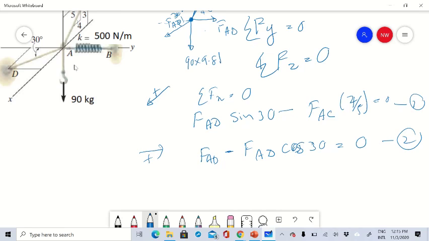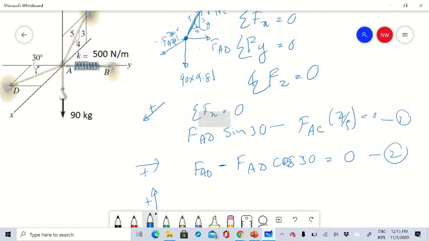So if I take this as my positive z direction, what are the forces in positive z direction? We have this force in negative z direction, right. So minus 90 into 9.81, right. And we have the resolvement of this force, which is plus FAC sine theta is equal to 0, right.